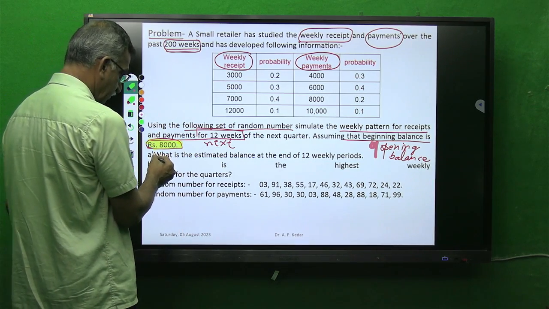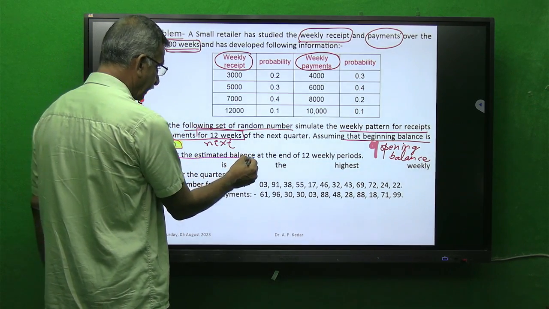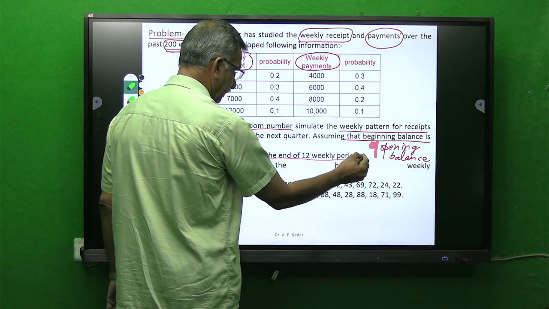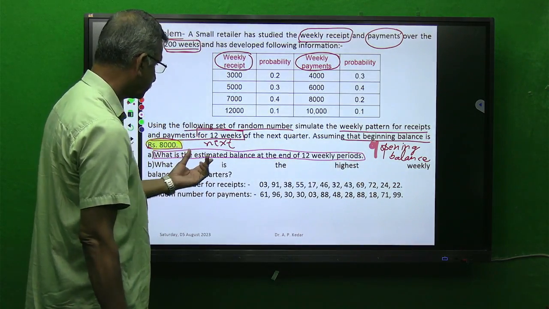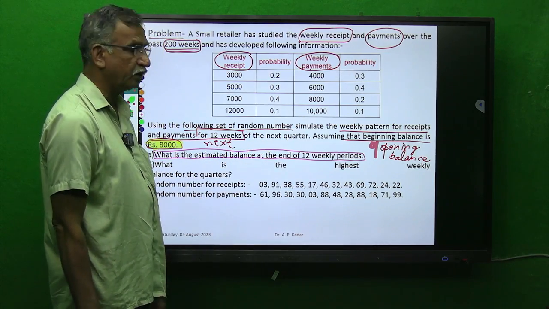What is the estimated balance at the end of 12-week period? This is the first thing asked. You are supposed to find the estimated balance at the end of 12-week period.